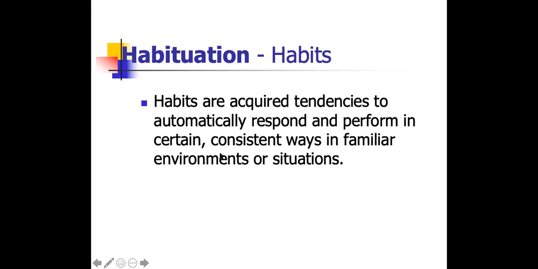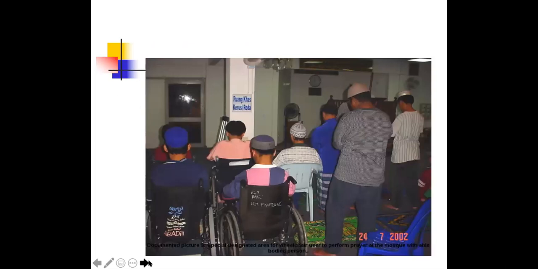So habit dia apa? So you need to understand your client, dia punya habit. So for example like Muslim, habit dia, rutin harian dia, sembahyang berjemaah di masjid. So masa I dekat PRPP, ada isu of dia orang ni, wheelchair ni, orang kurang upaya ni, dia tak boleh masuk ke masjid.